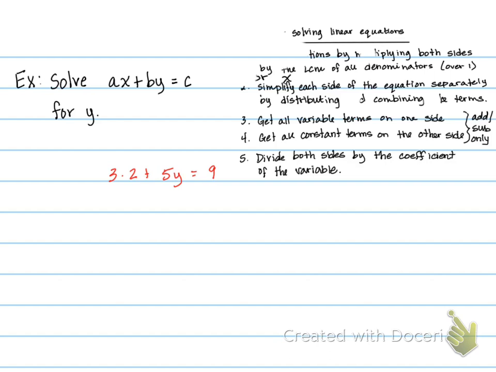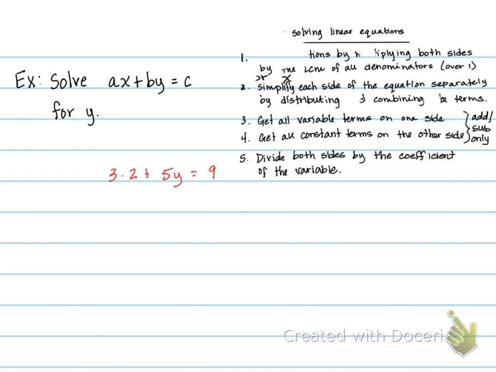Well, I'd probably just move the 5y to the right side, or I'll just subtract 6 from this side, minus 6 from the 9. So 5y equals 3. And then I'll divide by 5, leave y by itself, so y equals 3 over 5. Perfect.